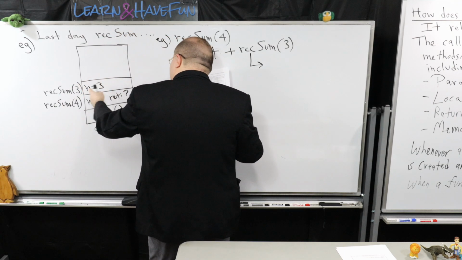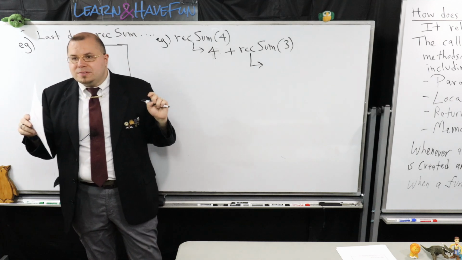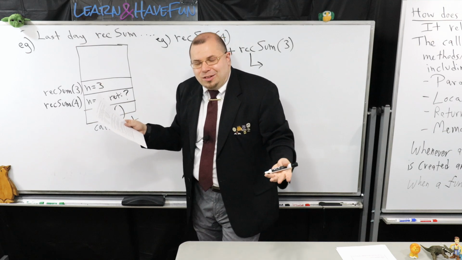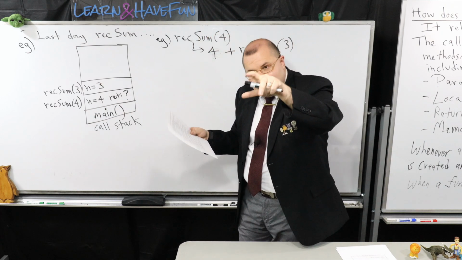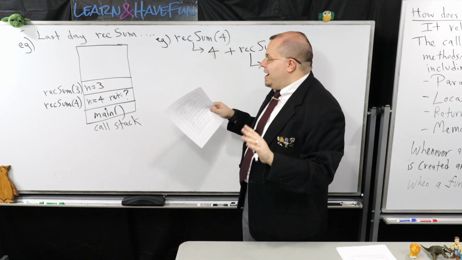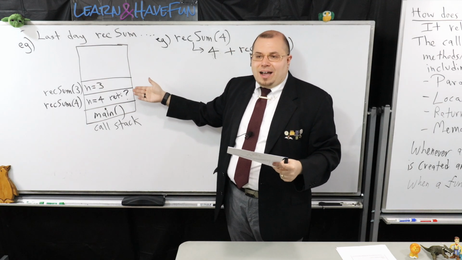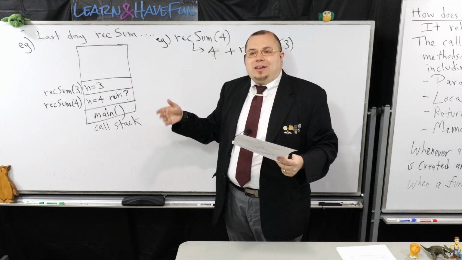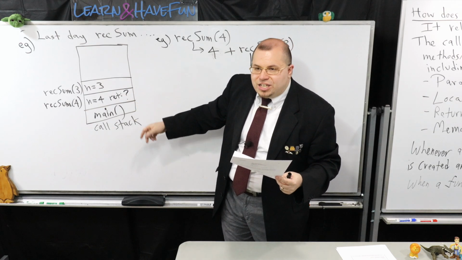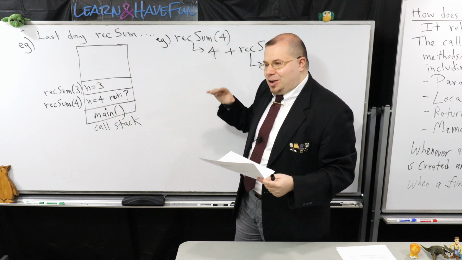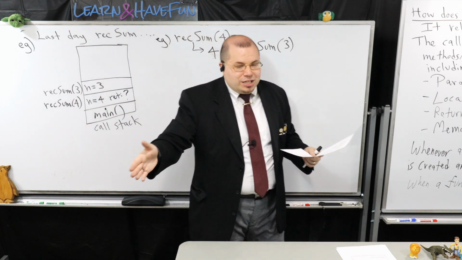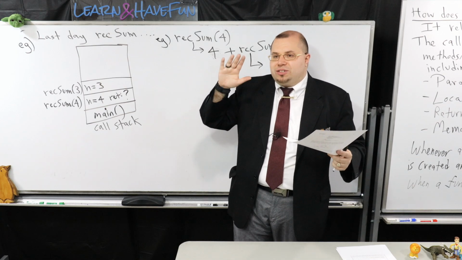It will have its own set of local variables of the same name, but their values might differ. If you modify, say, a variable called x inside rec sum that depended on n, it doesn't get modified between the two function calls. Each has their own. That's a common mistake some students make, assuming the variable just magically changes between the two. No, it's just a function call.